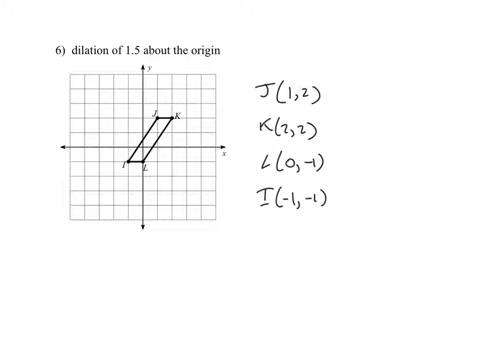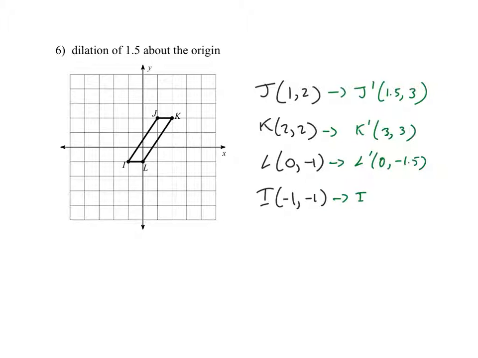Now, this one I want to go 1.5 about the origin. So that means that J prime is 1 times 1.5, and 2 times 1.5 is 3. Now K prime, 2 times 1.5 is 3, 3. Then L prime, 0 times 1.5 is 0, negative 1.5, and then I prime is negative 1.5, negative 1.5.